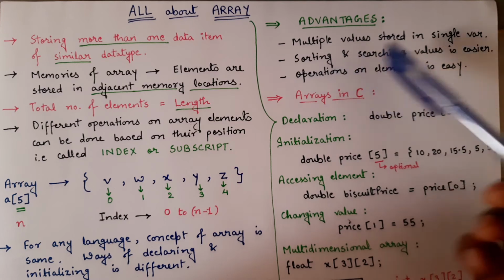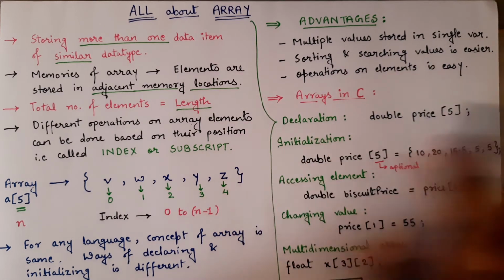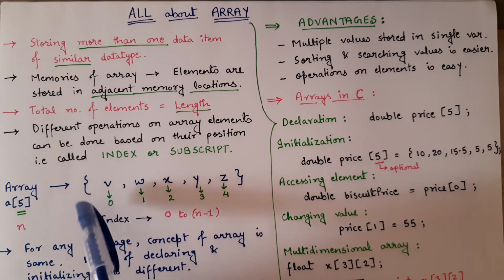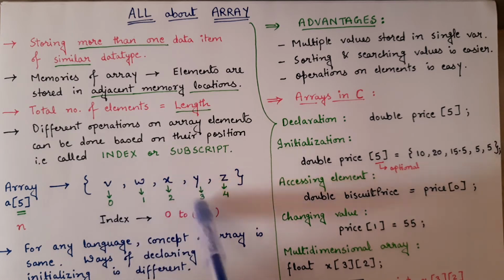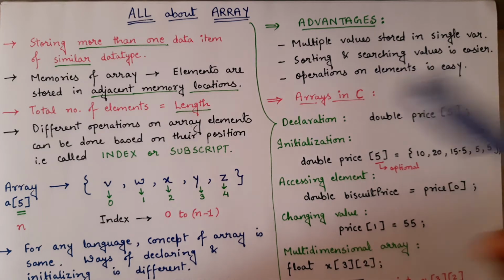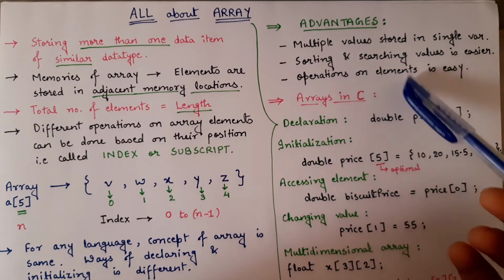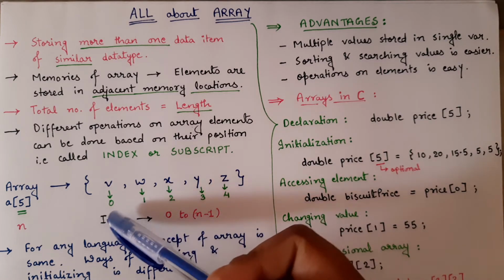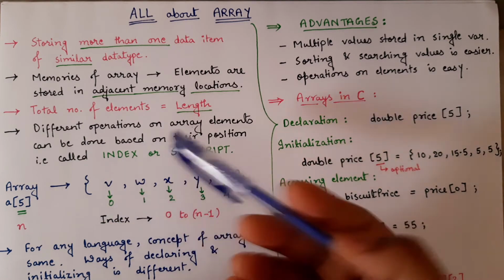Then sorting and searching values is easier. How? With the help of index. As we have a fixed index associated with every element, sorting and searching of these values becomes easier. Similarly, operations on the elements are also easy. Let's say I want to add 10 to all of them. It is very simple.